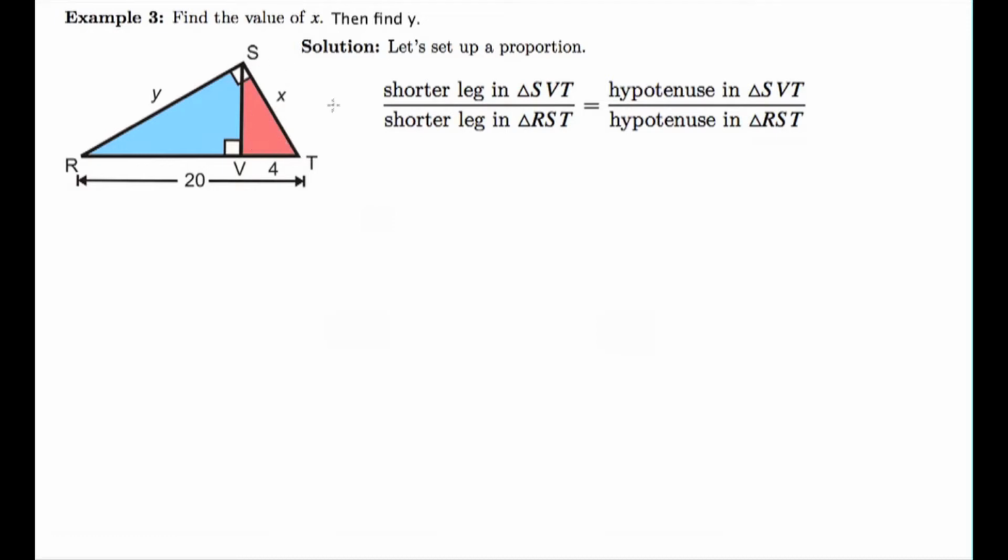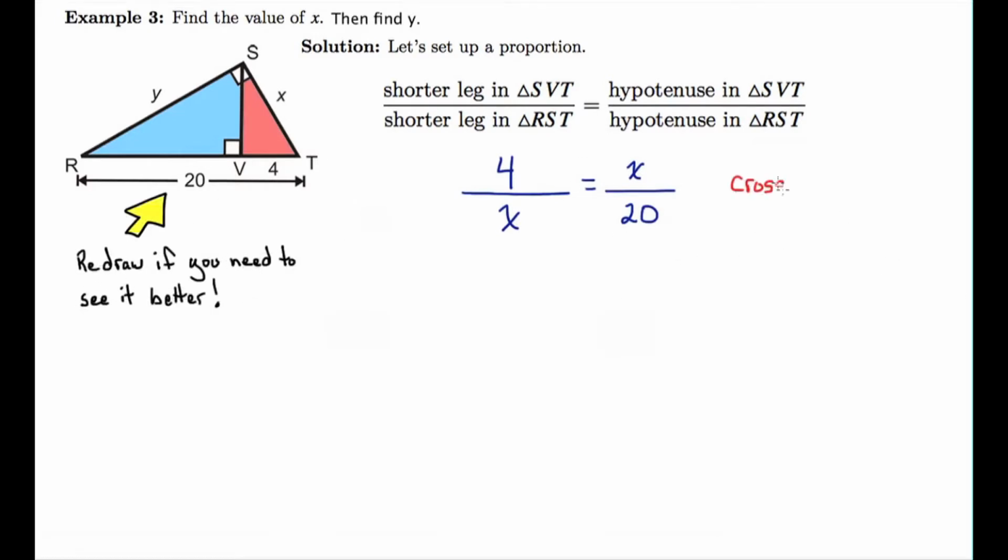Okay, so find the value of x, then find y, for example 3. I've got the large triangle, the smaller salmon-colored triangle, and then the medium blue triangle. So I can say the shorter leg in the small triangle to the shorter leg in the medium triangle, which is going to be x, equals the hypotenuse in triangle SVT, the smaller triangle, to the hypotenuse of the larger triangle, which is 20.